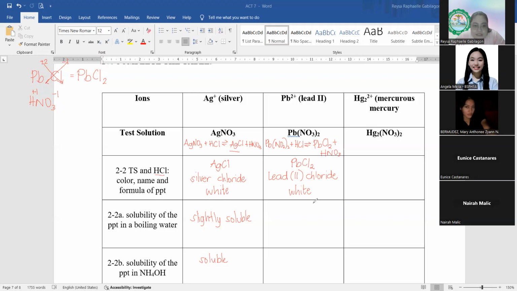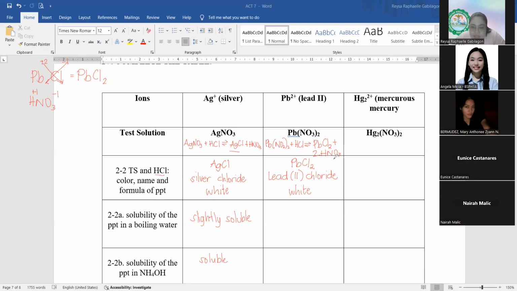So, tama si Noeline, hindi siya balanced. So, how do we balance this? Lead sa reactant is 1, sa kabila 1. Ang nitrate, dalawa. Dalawa ang nitrate dito, nakapasok siya sa parenthesis. So, dito isa lang. Kasi wala siyang parenthesis, that is automatically 1. So, gawin natin siyang 2 by placing coefficient 2 here. Okay?